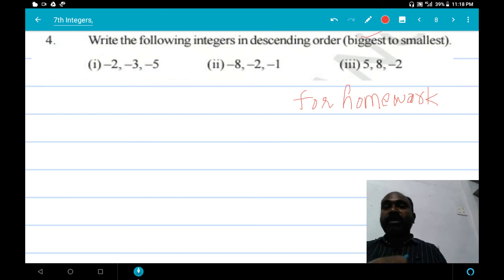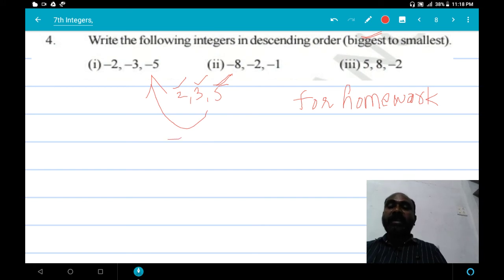Among the positive numbers 2, 3 and 5, 5 is bigger, 3 is the next one, and 2 is the smallest. Comparing positive integers with negative numbers, the positive integers are bigger, and the negative numbers are smaller.